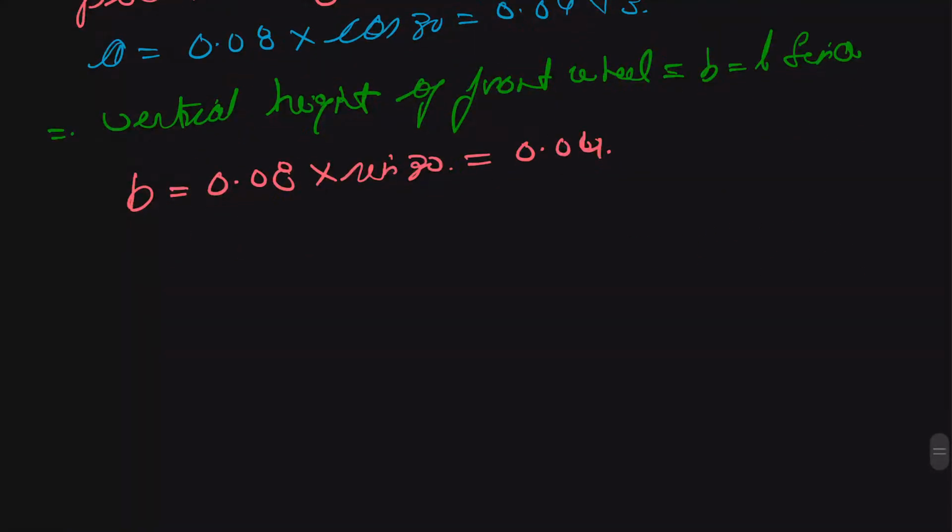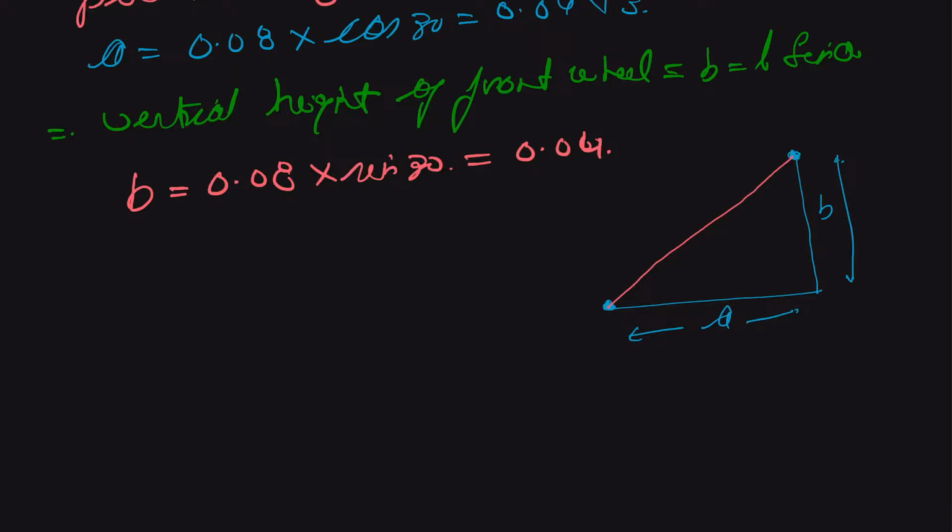Okay, let me draw it here. This is our rear wheel and this is our front wheel, and we found out our A and B, and this distance is given to us.